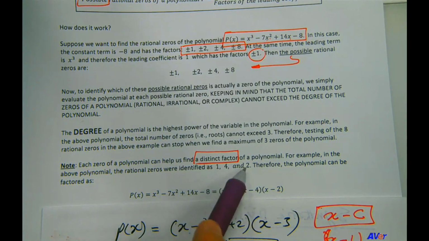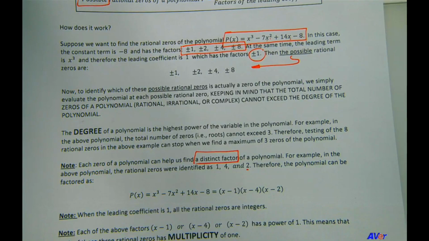If you substituted 2 for x and got 0, then x minus 2 would be the factor of that polynomial. Whatever the zero, you say x minus that value as the factor. So the zeros of the polynomial are 1, 4, 2, but the factors would be x minus 1 times x minus 4 times x minus 2.